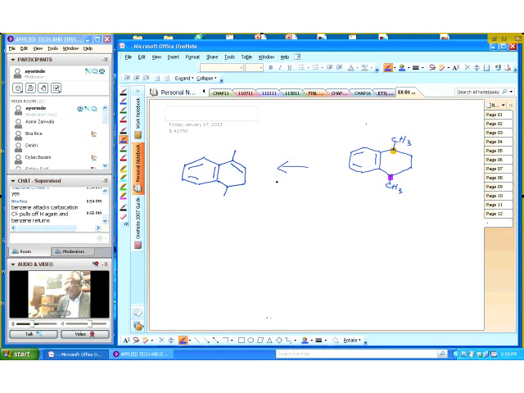Okay, supposing I wanted to go from here to here. What will you do? How can we do that? Anybody have an idea? Going from here to here. Supposing we have NBS in the presence of peroxide.